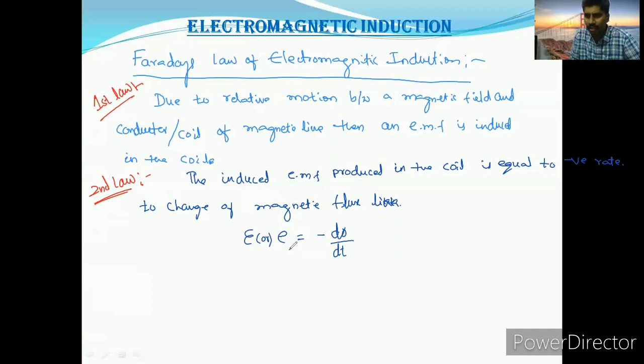Here, the coil we took has n number of turns. So in that case, we can write E is equal to minus n d phi by dt.